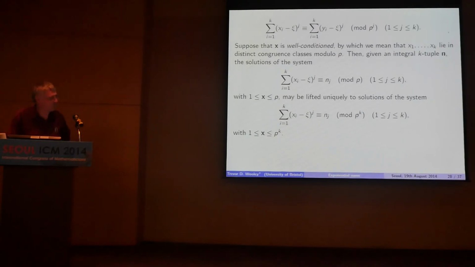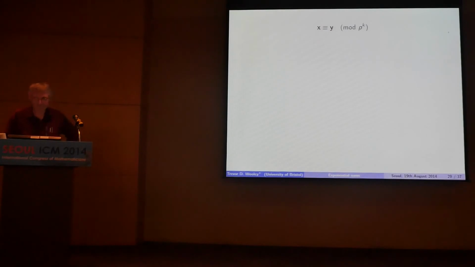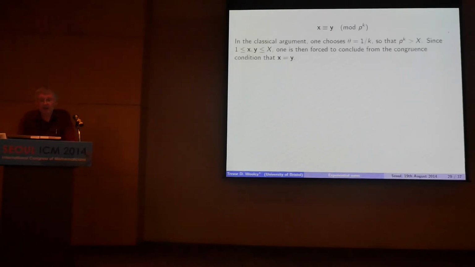So just take away from this slide that there's a way, relatively efficiently, to extract from this congruence condition a constraint that the variables pairwise are congruent to one another modulo p to the k. Good, and being very rapid. So we have this congruence condition, and that's a constraint which, if you take theta to be relatively large, like 1 over k, forces a diagonal condition.